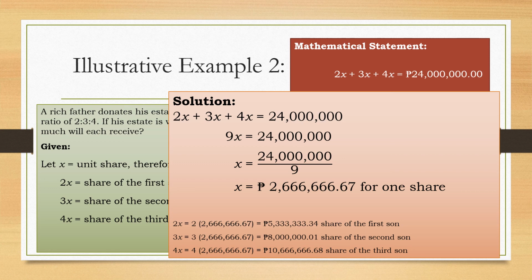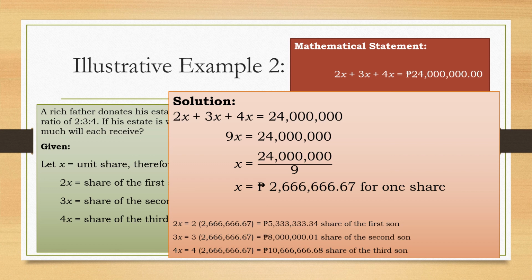Now to know the share of the 3 sons, we are going to compute their share one by one. So the first son has a share of 2 parts. So 2x is equal to 2 times 2,666,666 and 67 centavos.